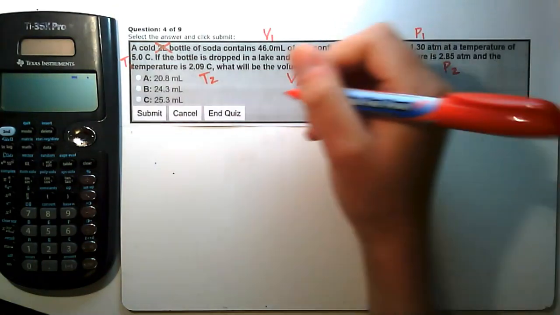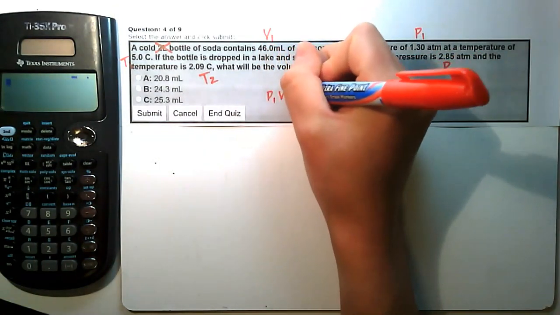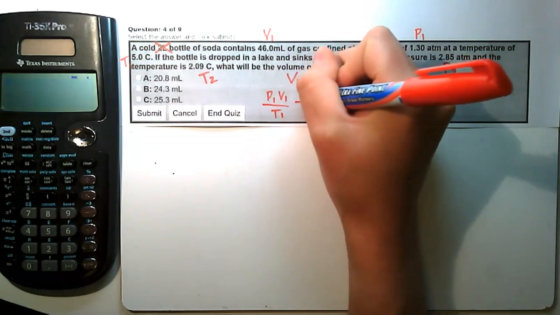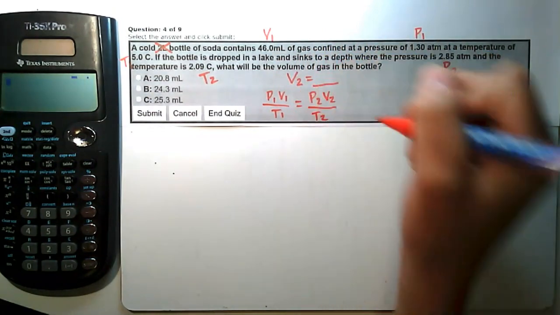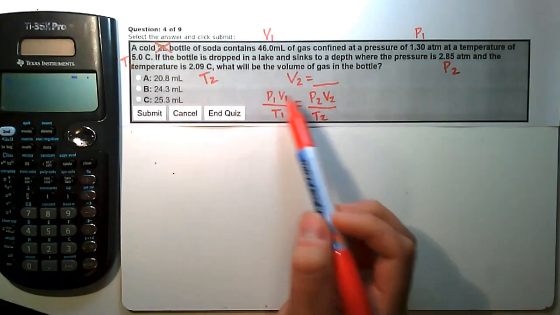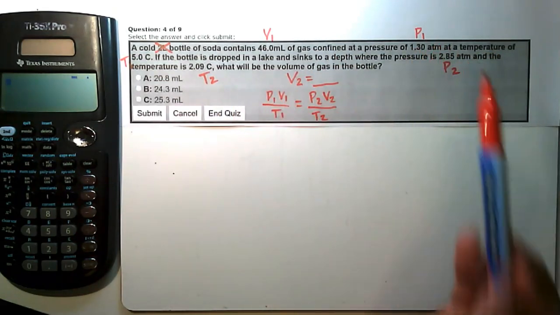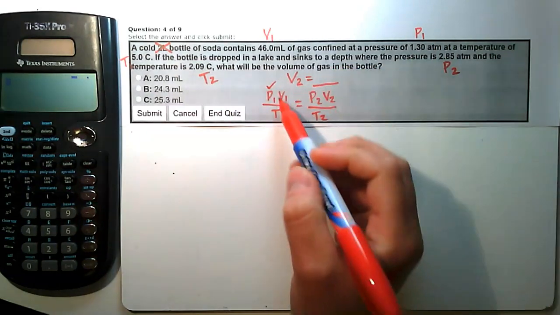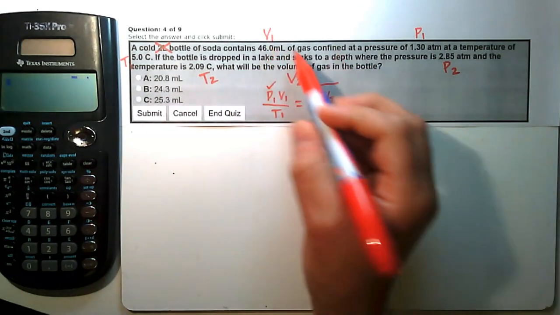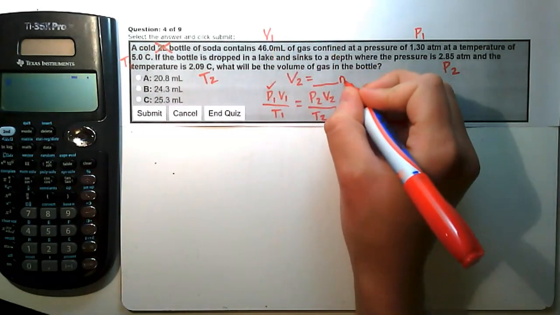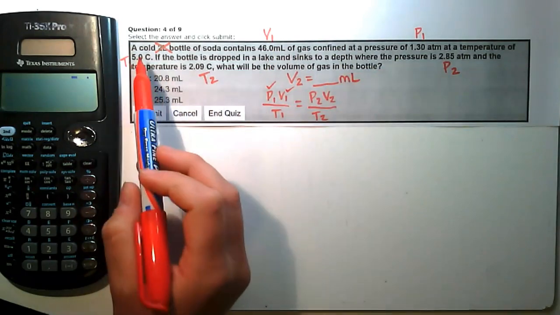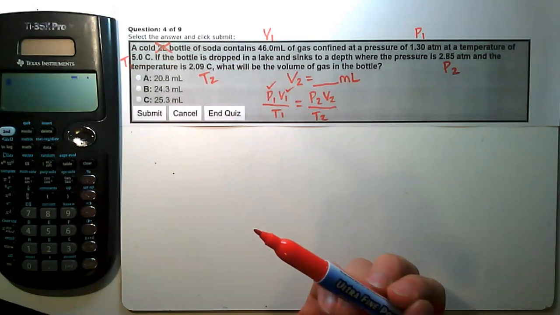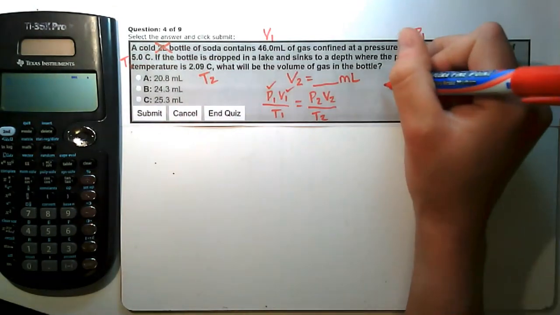So we need to go through P1V1 over T1 equals P2V2 over T2, and we need to check our units. Our pressures, we have atm and atm, so our pressure looks good. Our volume, we have milliliters, so our new volume is also going to be in milliliters. Looks good. And our temperature, both of our values are once again in Celsius, and we know that we need them in Kelvin.